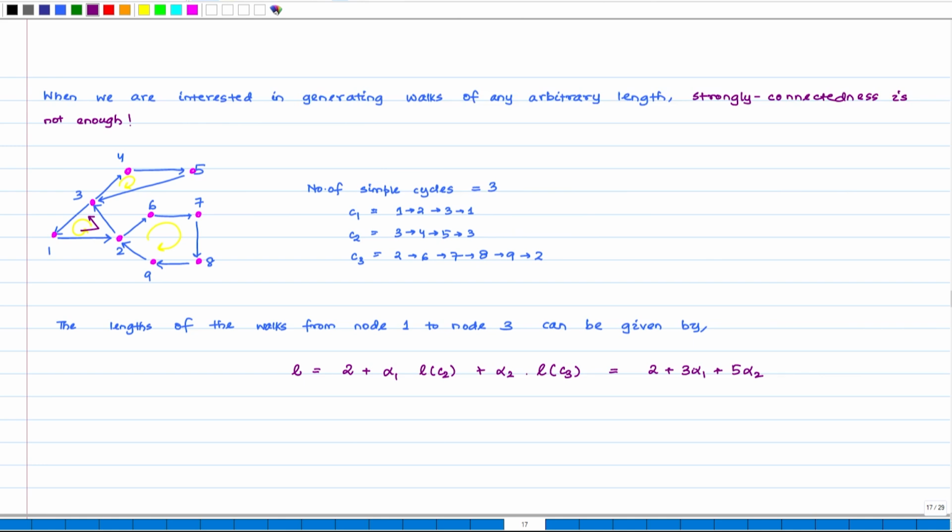So alpha 1 is simply the number of times the cycle C2 is traversed, and similarly alpha 2 is the number of times C3 is traversed.